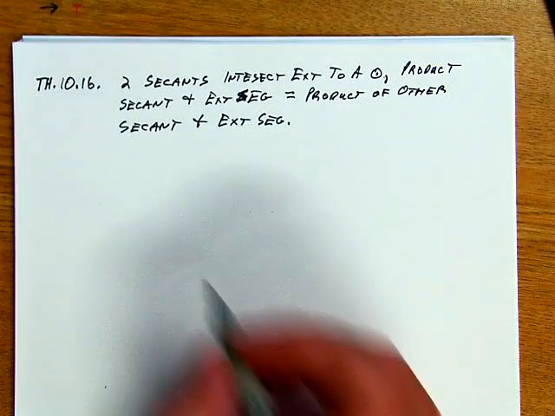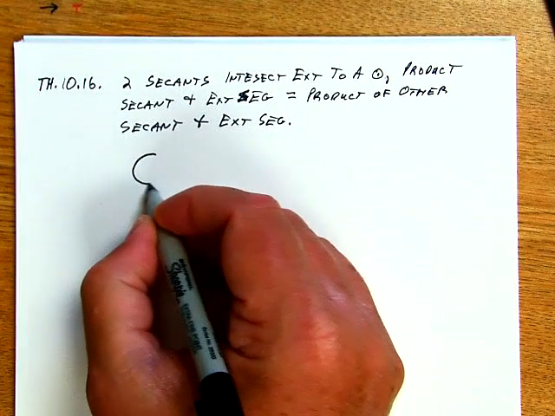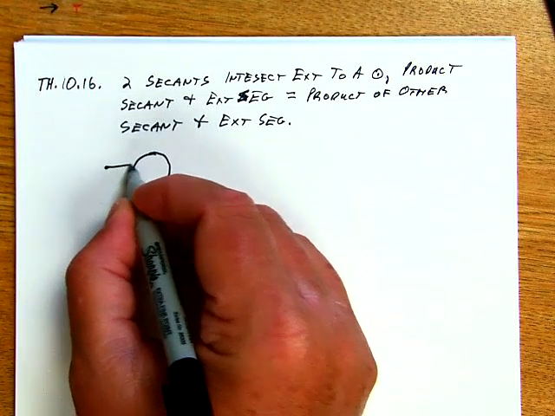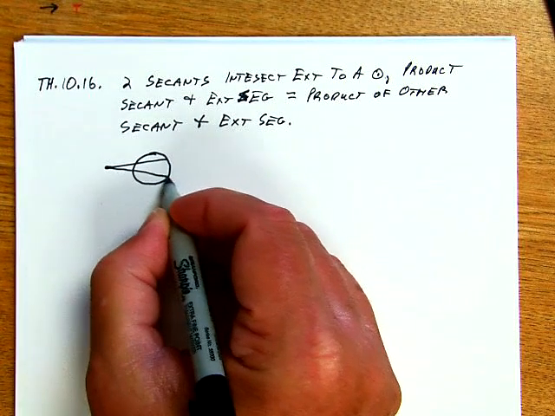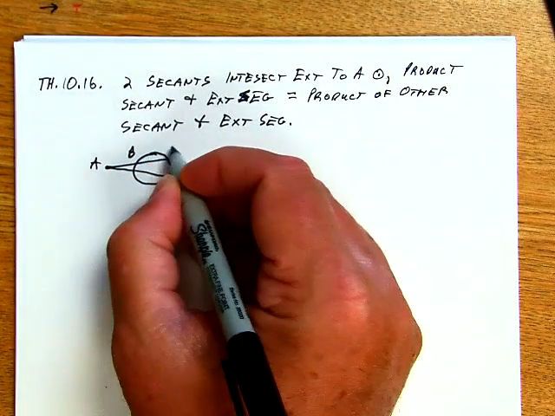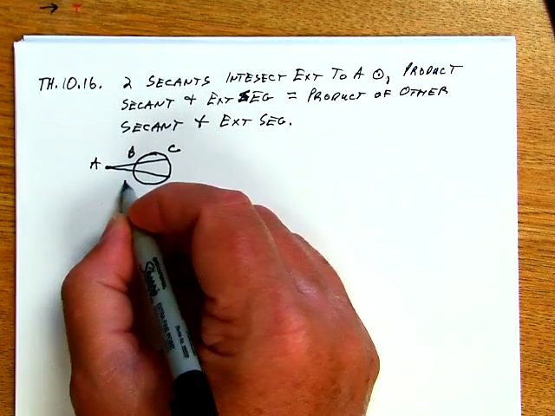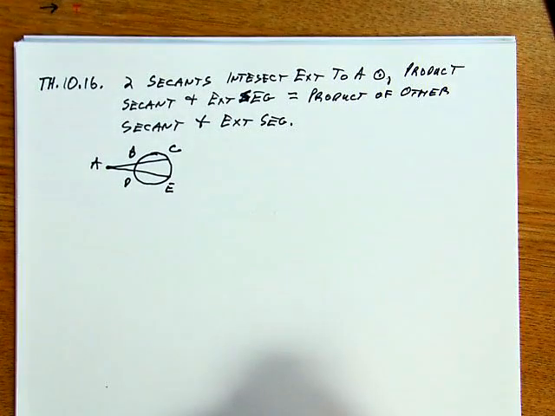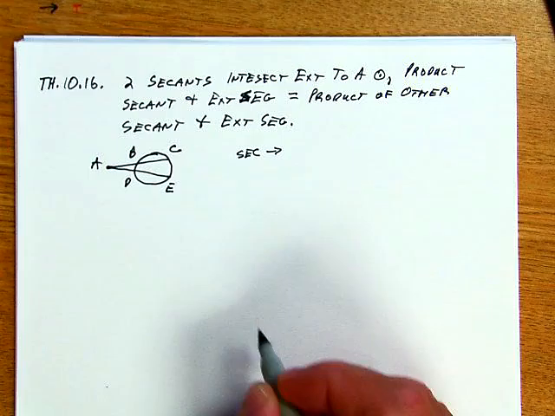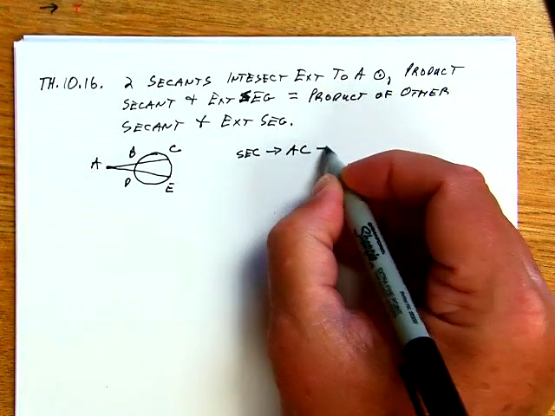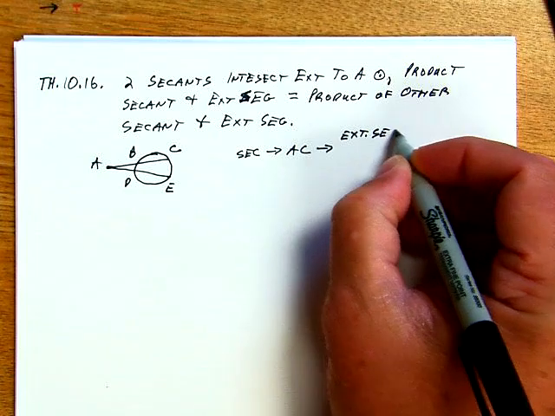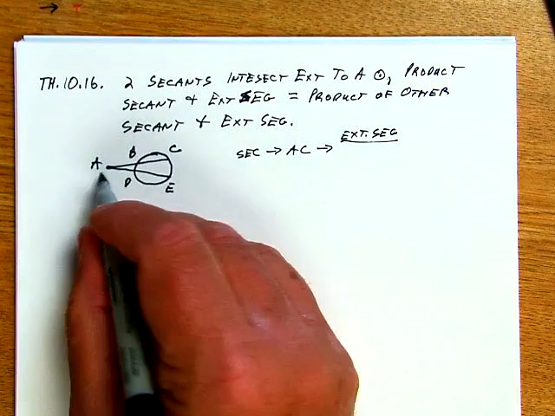What does that mean? Once again, let's take a look at a picture. Here's my circle. And I have a point out here of intersection, and I have two secants. I now have the following points, A, B, C, D, and E. Well, my secant is AC. Its exterior segment is AB.